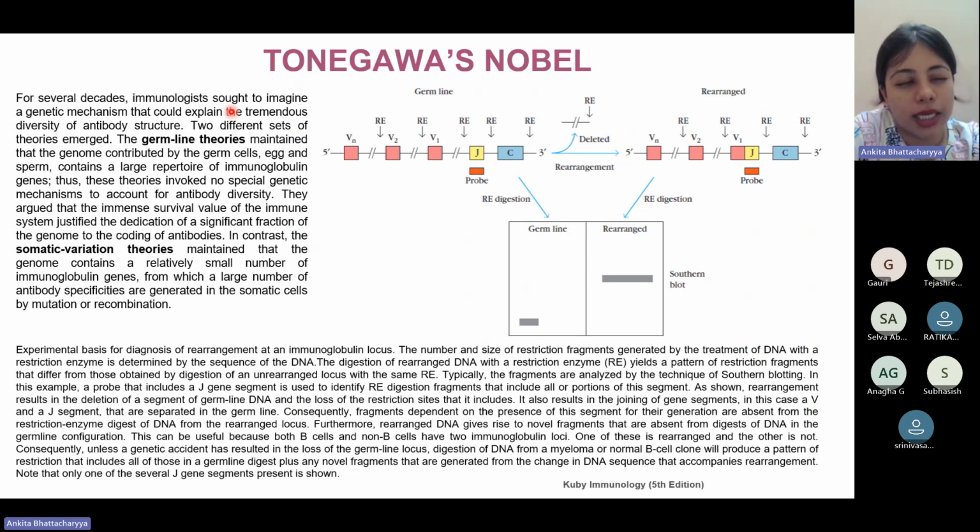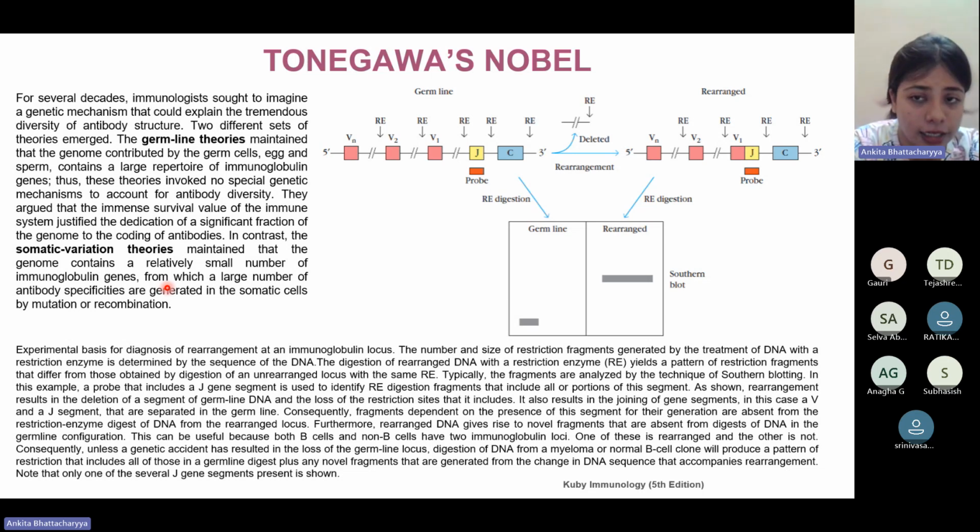While this is not entirely incorrect, it's not entirely correct also. And therefore, the focus was also shifted towards the somatic variation theory, that the genome has a relatively small number of immunoglobulin genes from which mutation or recombination brings about that huge diversity. So it's actually a mix of two with more stress on the somatic variation theory, which was understood as the mechanism by which the antibody diversity is established.